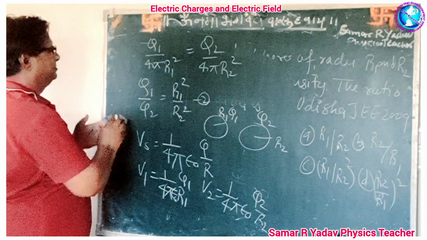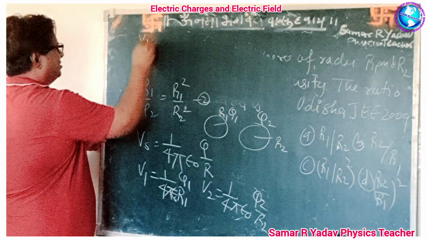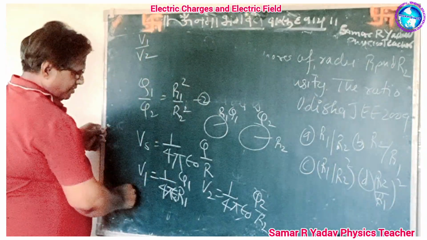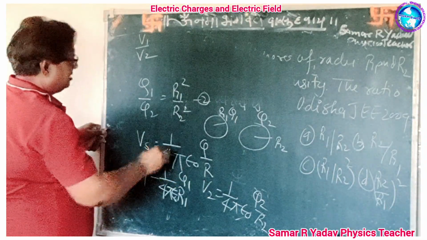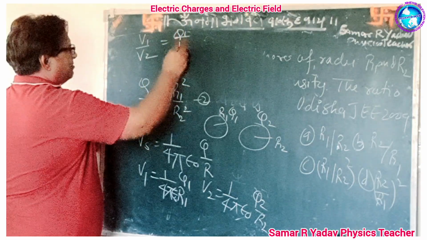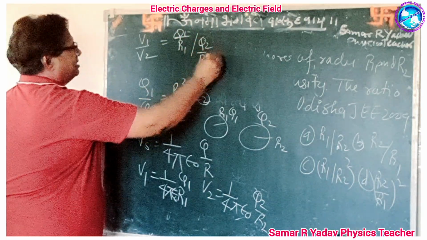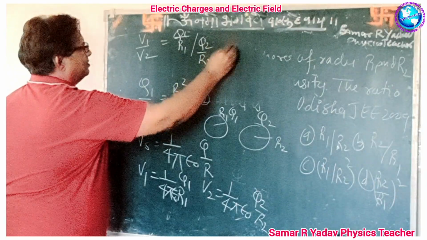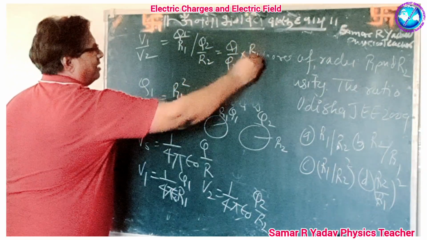Therefore V1 upon V2, the 4 pi epsilon 0 cancels, so that is equal to Q1 upon R1 upon Q2 upon R2, which is Q1 upon Q2 into R2 by R1.